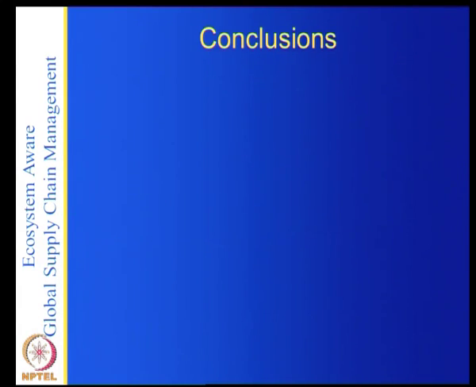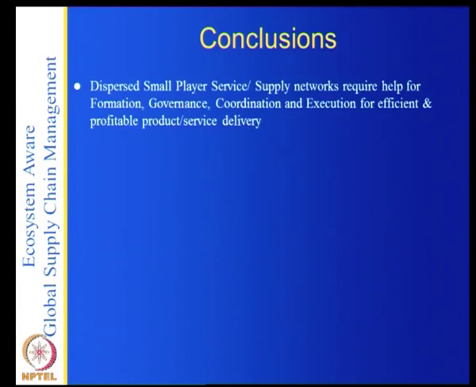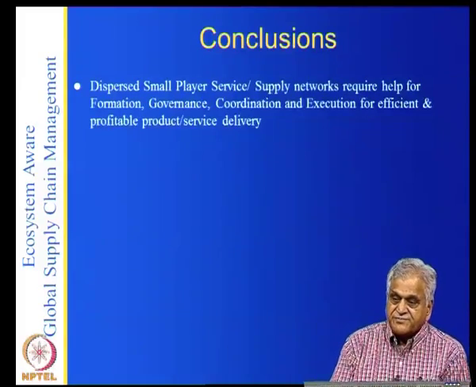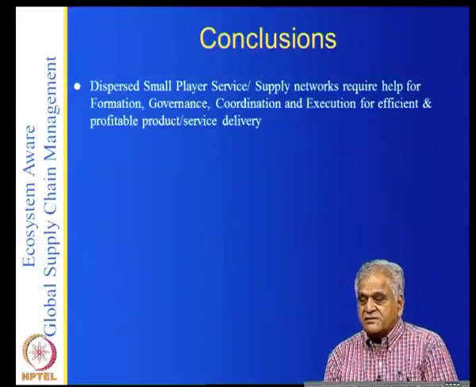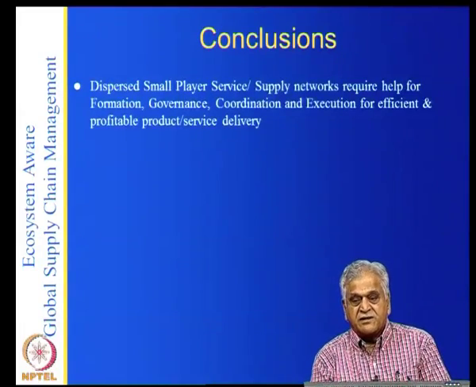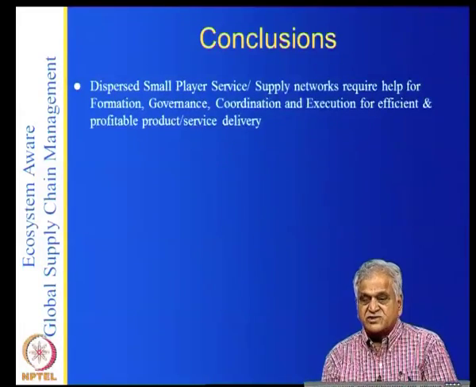So to conclude, we have dispersed small players, the service networks. They require help in formation, governance, coordination and execution for efficient, profitable product delivery. What we are talking about here is SMEs, whether in apparel, toy making, or auto manufacturing and so on.